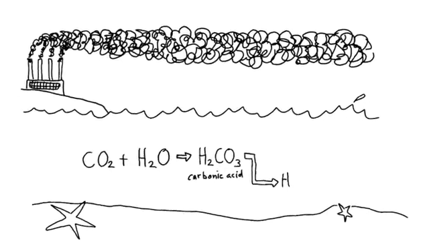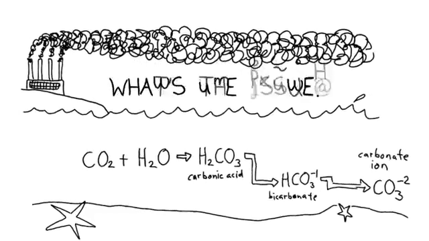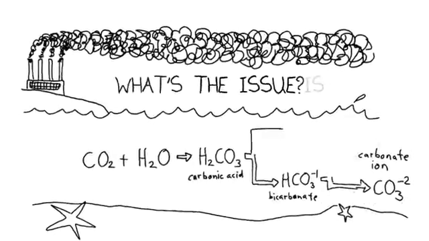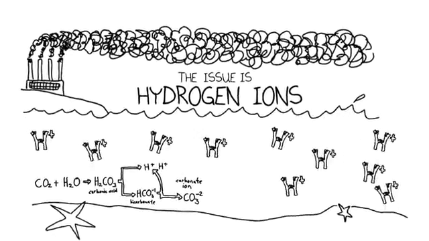Each carbonic acid molecule can release one of its hydrogen ions to make something called a bicarbonate. And a bicarbonate molecule can further break down into a carbonate ion. The big issue here is you get both of these molecules, bicarbonate and carbonate, by losing hydrogen ions, which are now zipping around freely in the water.